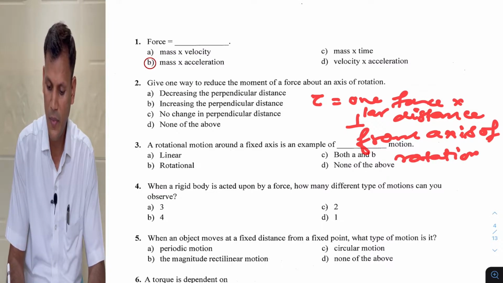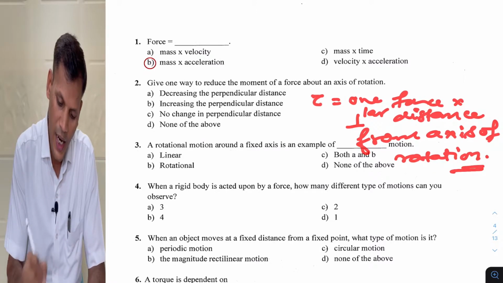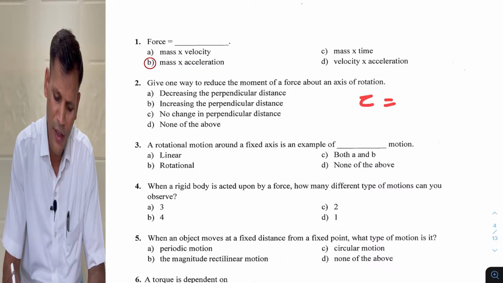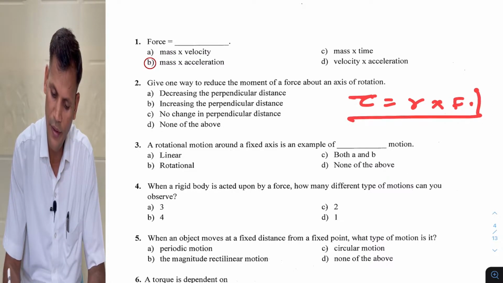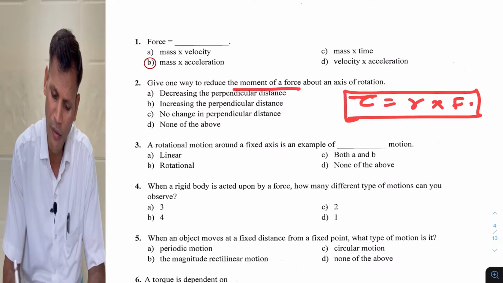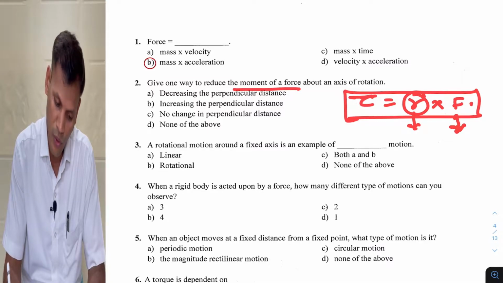This is the torque. In formula form, tau is equal to R into F, where R is the perpendicular distance and F is the force.